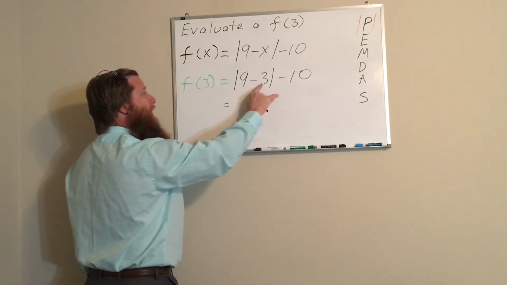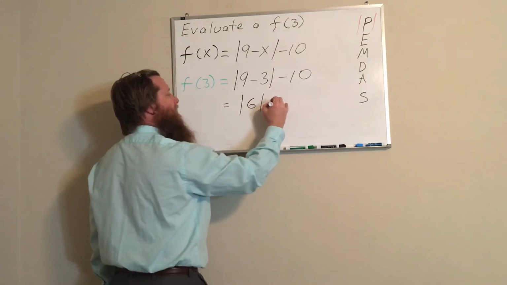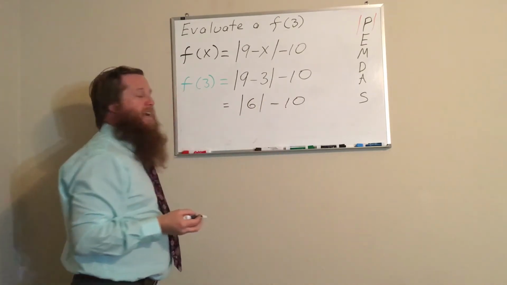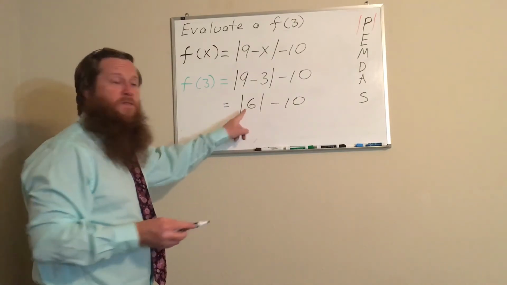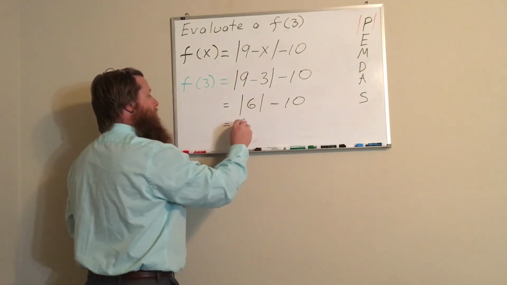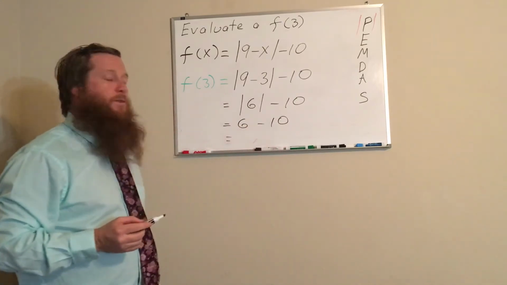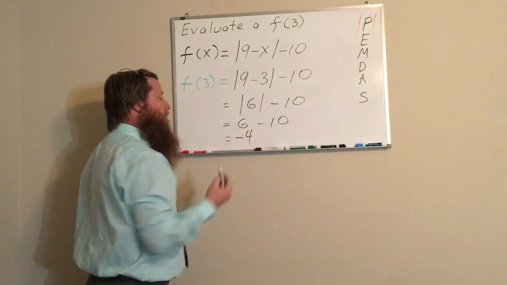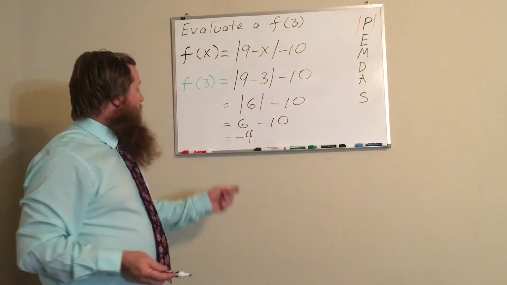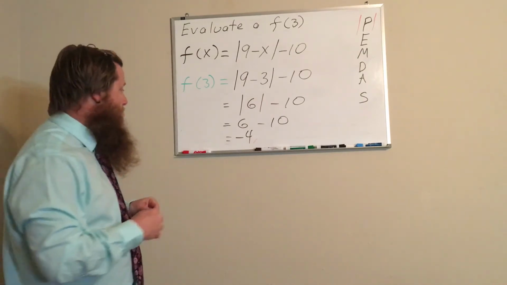So 9 minus 3 is the absolute value of 6 minus 10. Now nothing here to change because the absolute value of 6 is +6. And then we are left with 6 minus 10, which is an answer of -4. So on today's form, you would enter -4.